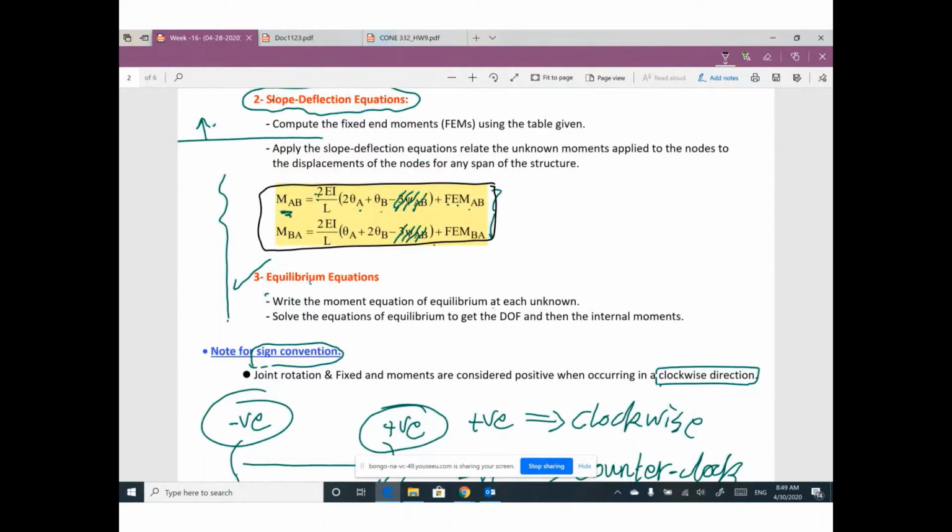So I would like to rewrite it in a good shape.